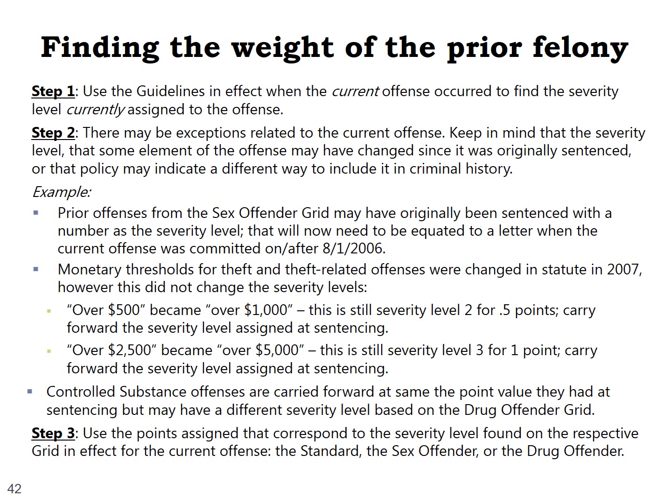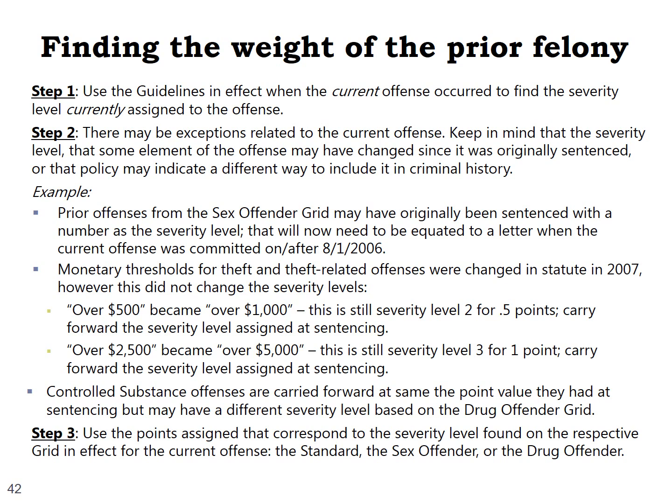It was a change by the legislature to thresholds for inflation. So what they said was over 500 became over 1,000, and over 2,500 became over 5,000. But in theory, the offense didn't change, just the value of the property for inflation.